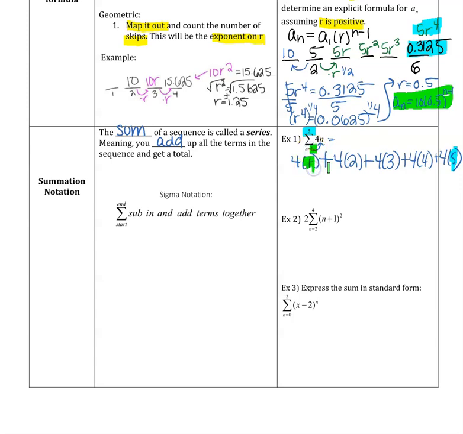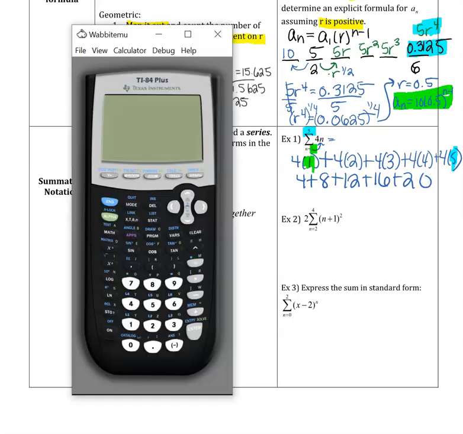So again, I'm starting at 1 because it told me, and I'm ending at 5 because that's where it told me to end. And then I just evaluate. So this is 4 plus 8 plus 12 plus 16 plus 20. And then I'm going to grab my calculator, and I get 60.